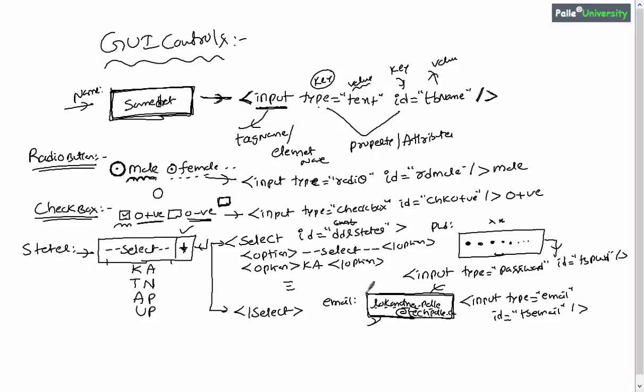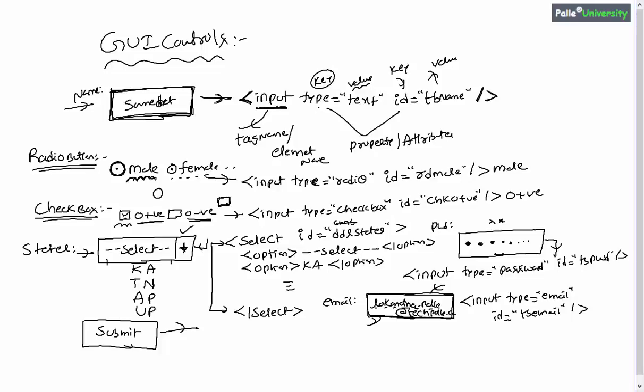And apart from all these things, we need to understand one more control called button. So what is the purpose of a button control? In general, you can click on the button control so that some action will be performed by the web page. Now I want to explain one important point here.